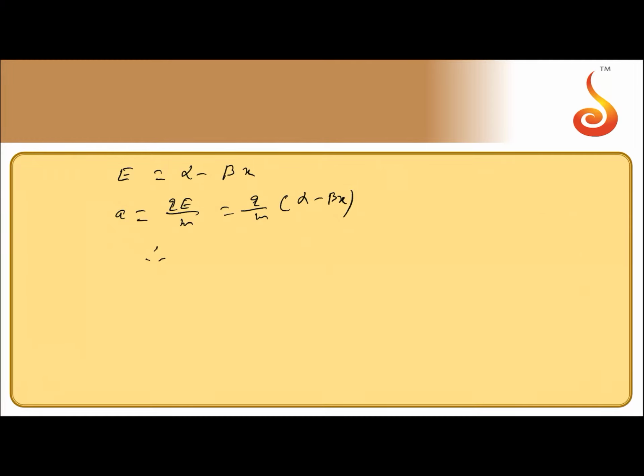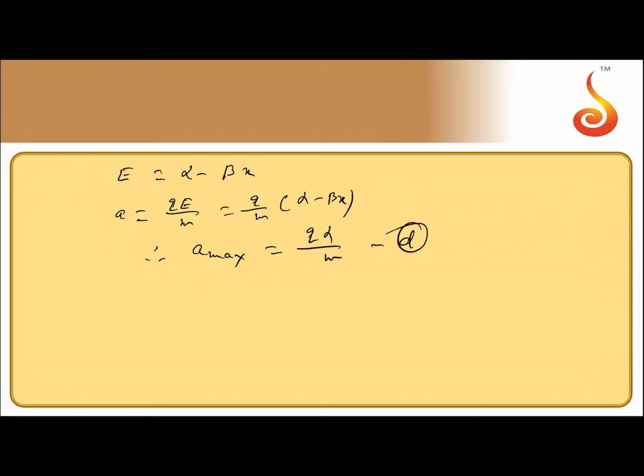So A max will be q alpha by m. This is D option. We can see that this will be maximum when x will be minimum, that is equal to 0. Acceleration is maximum at x equal to 0.